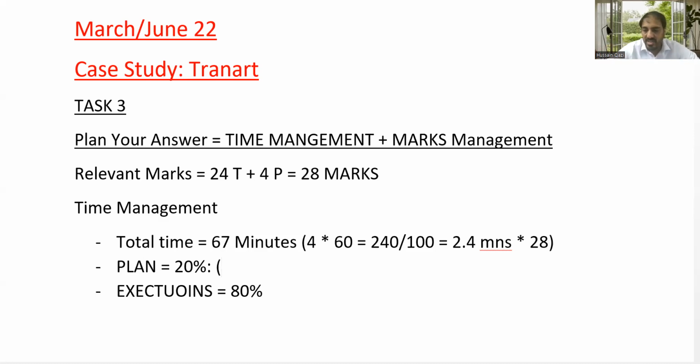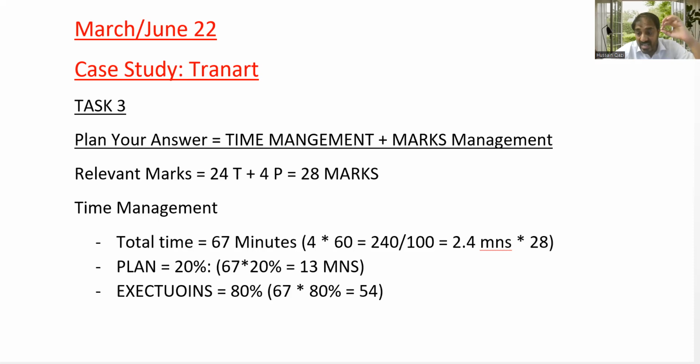67 into 20%, you need to spend a good 12 to 13 minutes on planning. It's not my comment, it's the examiner's comments. And it's applicable for SBR, AFM, all the papers, even though for SBR and AFM the paper time is 3 hours only. 67 into 80% is equal to 54 minutes. You have a good 54 minutes.